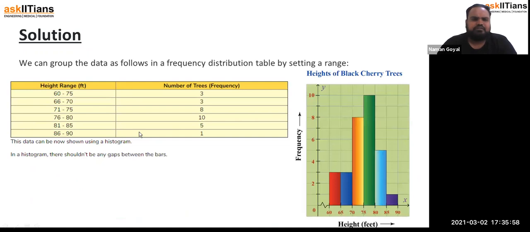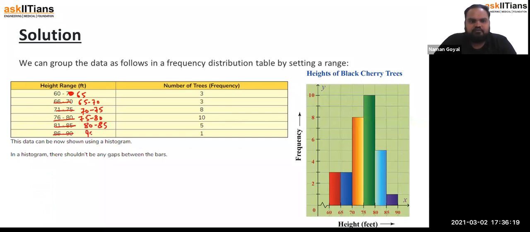There is a mistake in this table. This is 60 to 65, this is 65 to 70. This is 70 to 75. This is 75 to 80. This is 80 to 85.